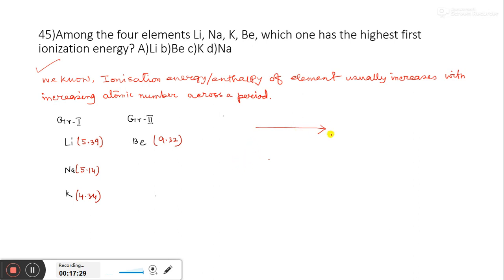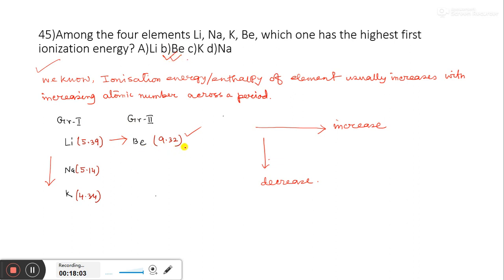So from left to right, ionization energy increases, and when we go down the group, the IE value decreases. Lithium has an IE value of 5.39 eV, and down the group the IE value decreases, and from lithium to beryllium the IE value increases. So the highest IE value of the four metals is beryllium, so option B is the correct one.